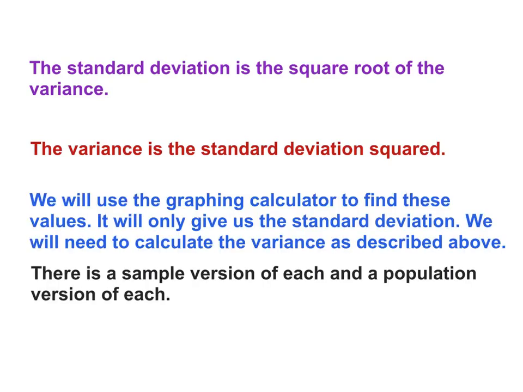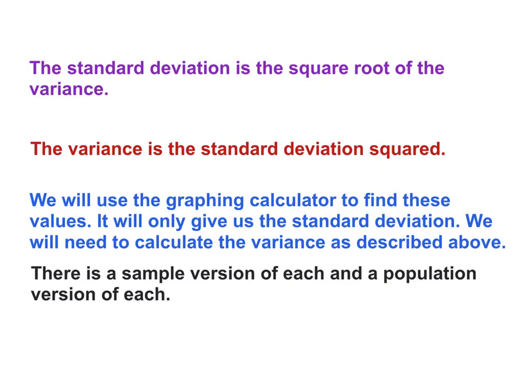We're going to use the graphing calculator to find those. Okay, it's only going to give us the standard deviation in most cases, and we're going to need to calculate the variance. Some of our calculators will do both, and I'll show you where those are. And the other thing that you need to understand is there is a sample version of the variance and a sample version of standard deviation, and a population version of the variance and a population version of the standard deviation.